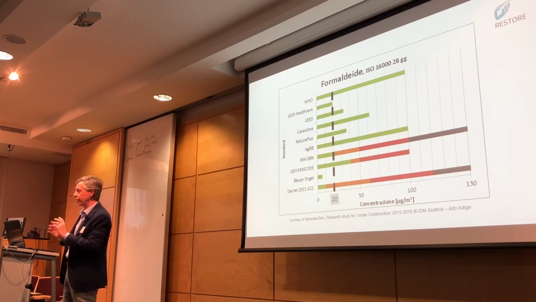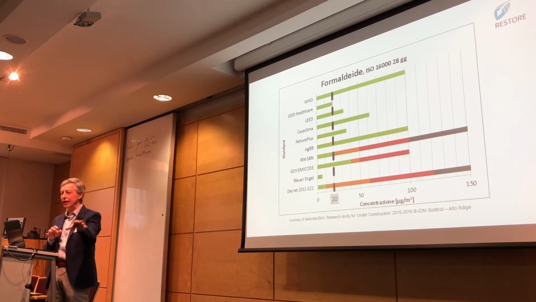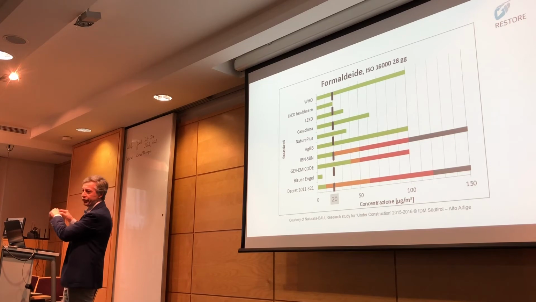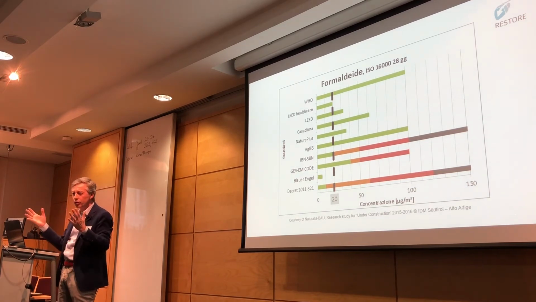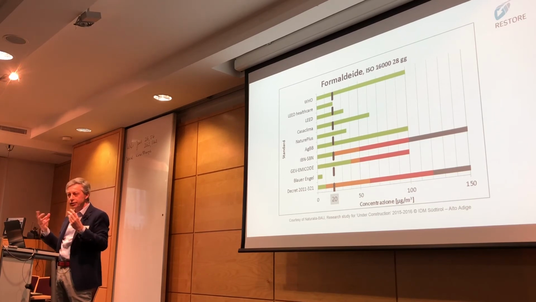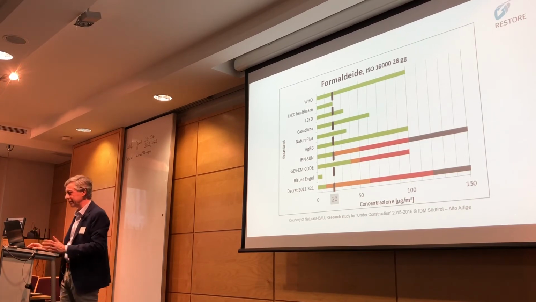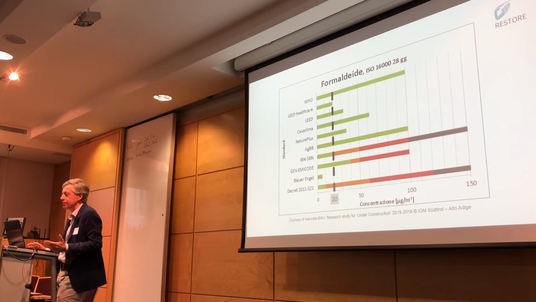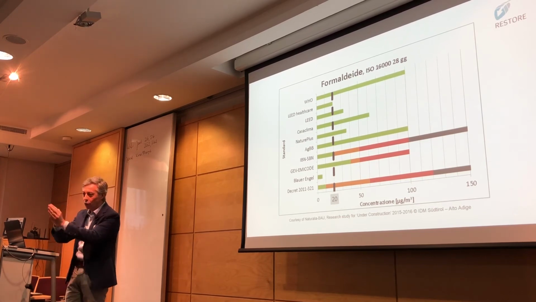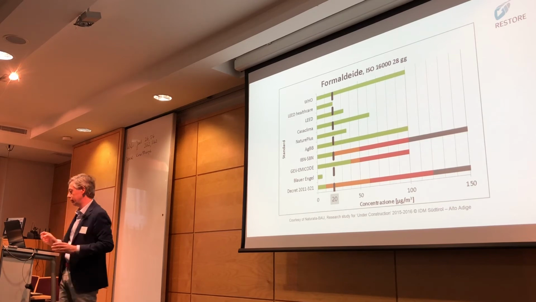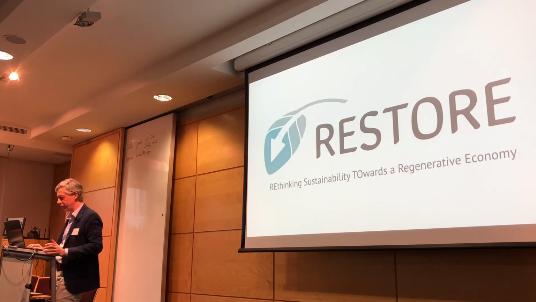One says it's green if it is under this level, then another says it's green if it's under this threshold. They are very different. Then the customer says, okay, they are all the same labels. Are they all the same? Are they all green enough? Are they healthy enough? There is a lot of technicality behind, and it's difficult for a customer to understand how healthy is the building product I want to buy for my house.